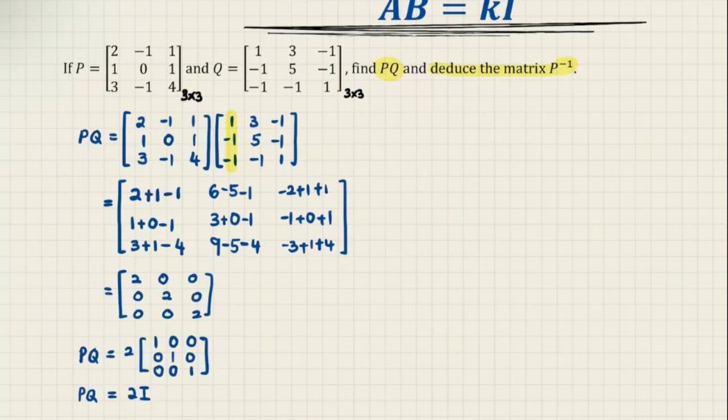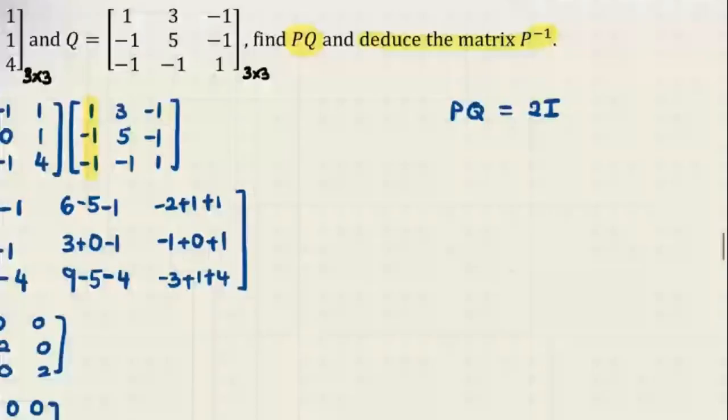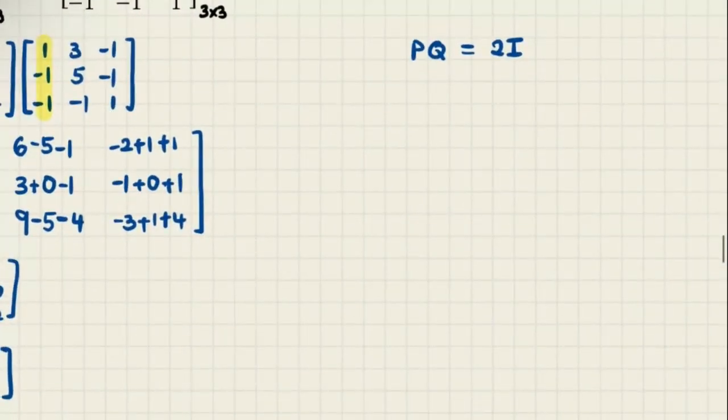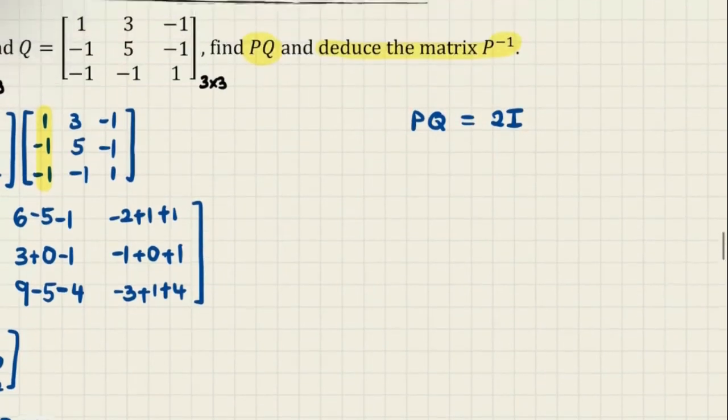So let me write PQ equals to 2I. Okay. So bila PQ sama dengan 2I, now saya nak dapatkan P inverse. Okay, dekat sini I ini ibarat 1.